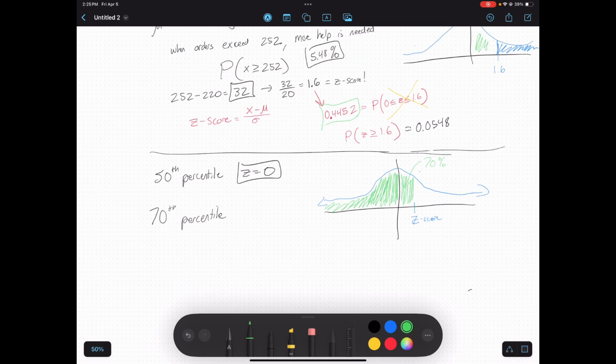Well, we already said that to get to the mean, this is 50%. What does that mean about this region right here? If the left side of the mean takes care of 50% of my data, and I want to get to a total of 70%, then this red area represents 20% of my data. Why am I doing this?